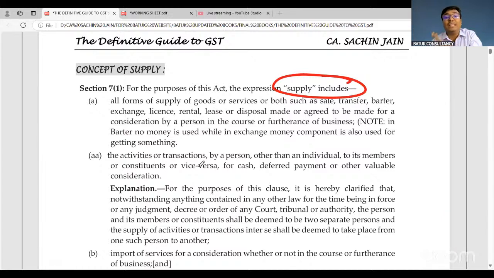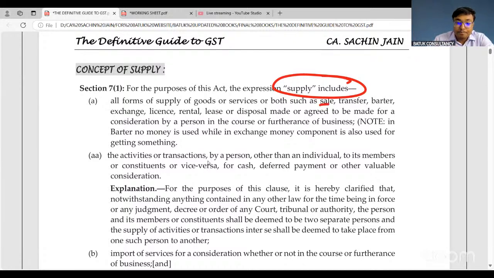The government would not be able to interpret or add anything. But they have used "supply includes" so that they can take the interpretation of the section. They may add certain things to the definition of supply in the future.